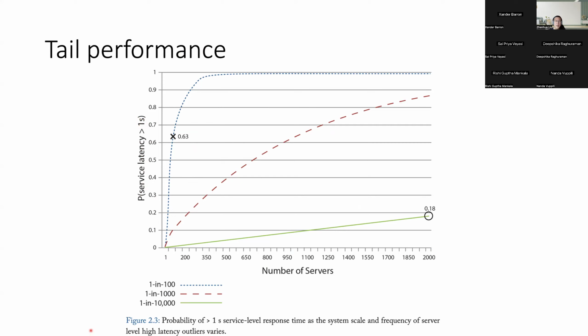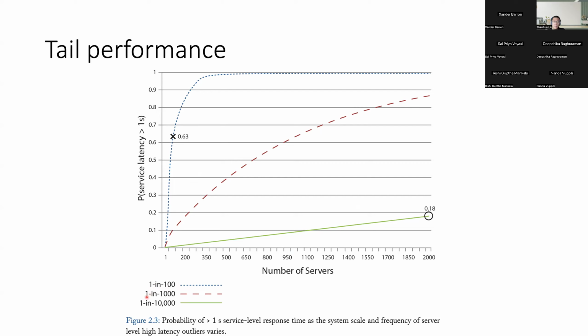Okay, so there are three lines. You will have not just failure, but also slow servers. The server responds with a delay larger than 1 second. The blue dashed line means that the probability is 1 in 100.